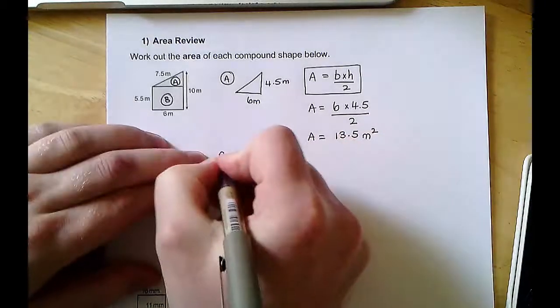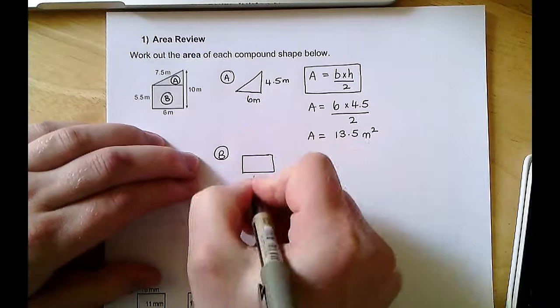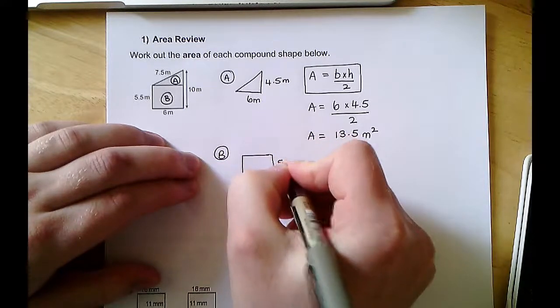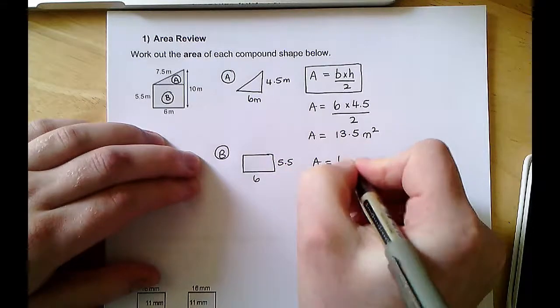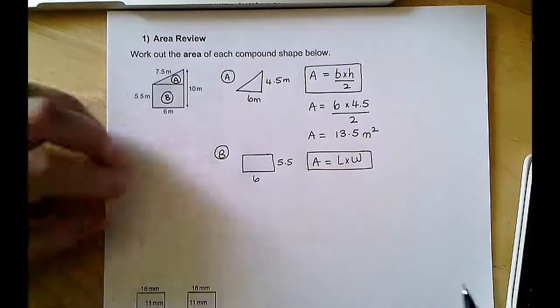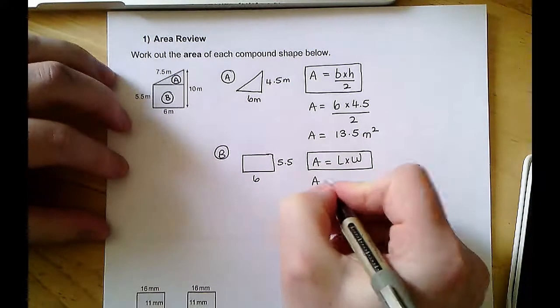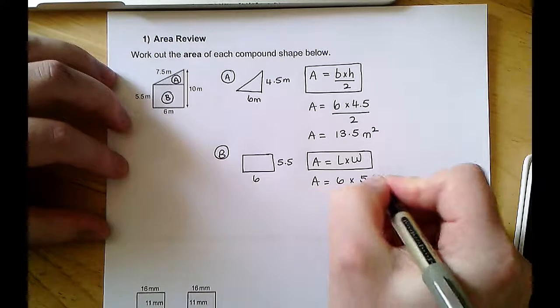And the rectangle is 6 by 5.5. So the area is length times width, or base times height. It's good practice to always include your formula. So length is 6, width is 5.5.